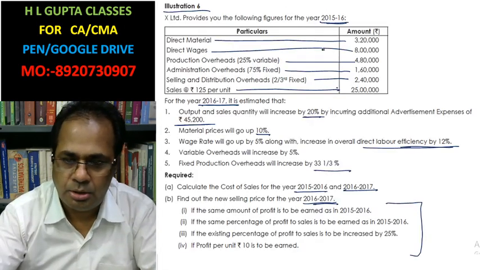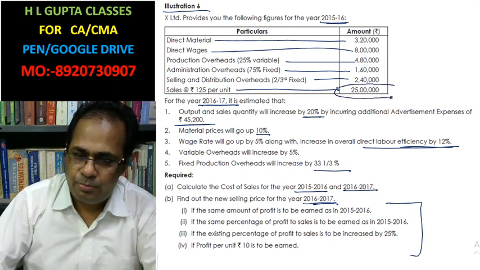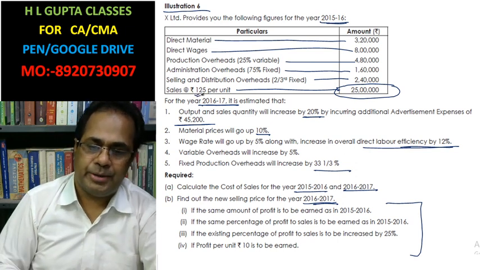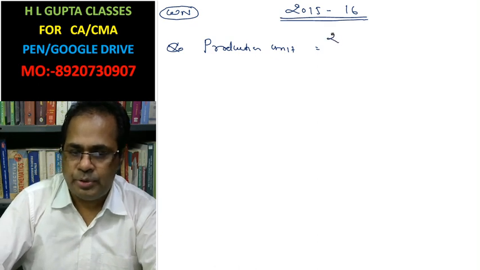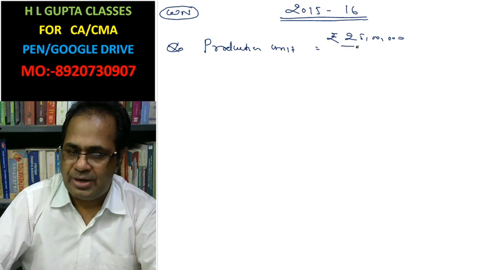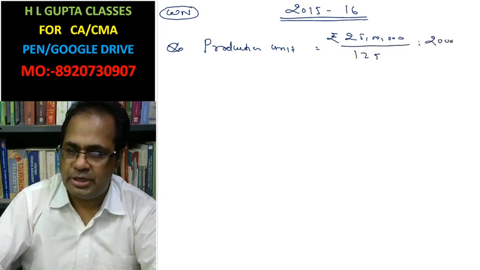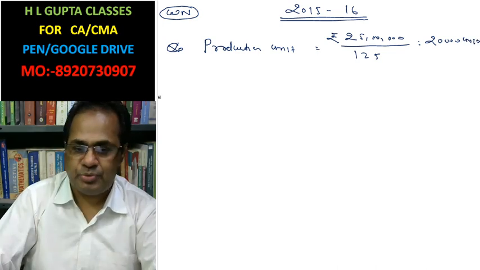Look here. 25 lakh sales revenue at the rate of 125 per unit. In this case, production and sales we can calculate. Rupees 25 lakh divided by 125. This is 20,000 units.